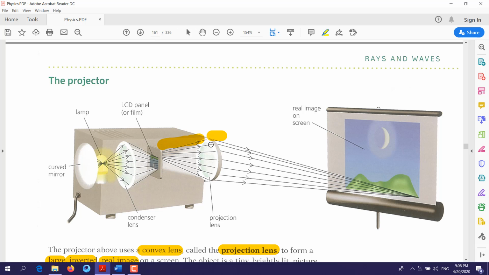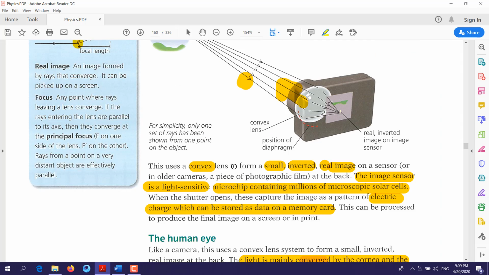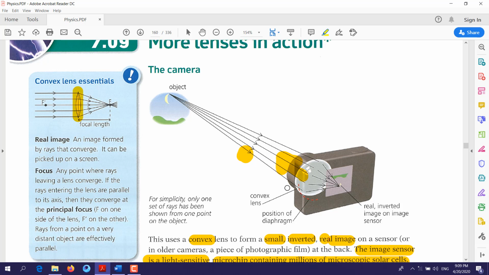So if the lens moves further in this direction, to keep the image clear we should move the screen in the opposite direction. What's the meaning of opposite direction? It means it should be closer to the lens. It's exactly opposite to question number 1. There, the object got closer to the lens, so we had to keep the sensor further.